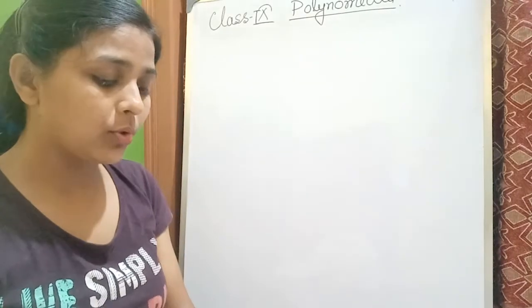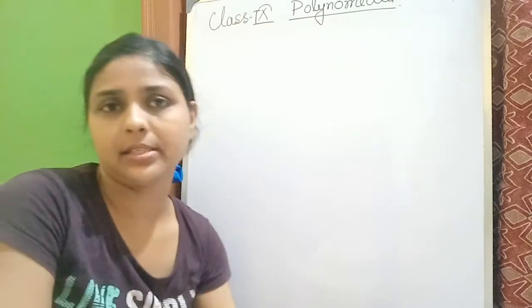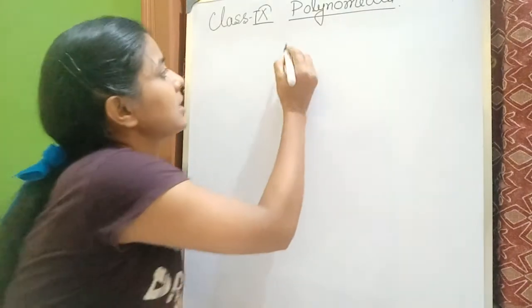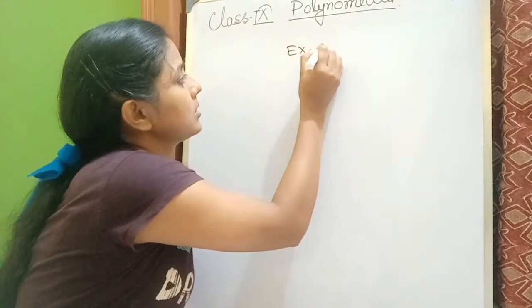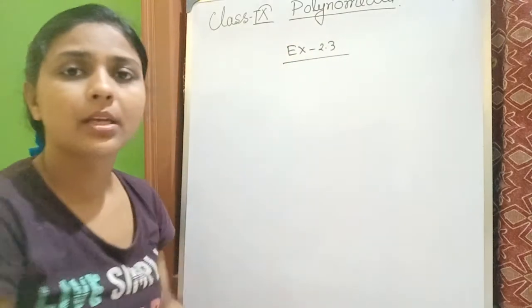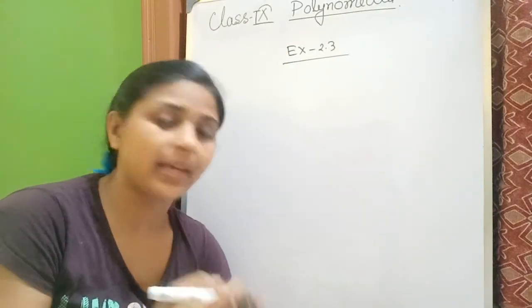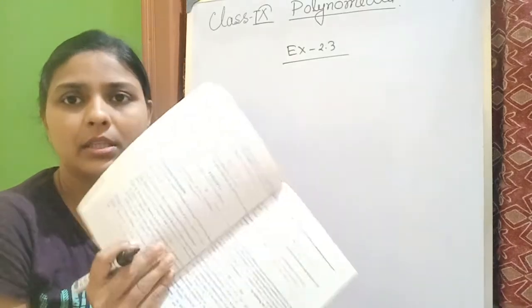Okay, now we will go to the exercise of your NCERT book, that is exercise 2.3. This is the exercise related to remainder theorem. So I have my book, this one.